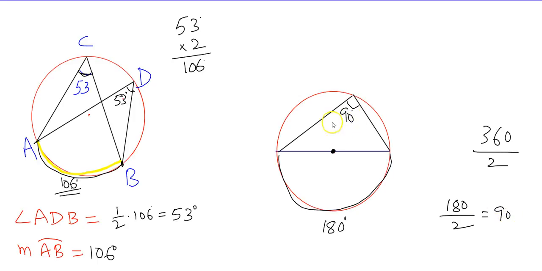So a very, very important point. An angle in a semicircle is always a right angle. Anywhere in the semicircle you take that inscribed angle, it will be a right angle only, because this is 180 here, this is 180, so half of 180 is 90, here 90.